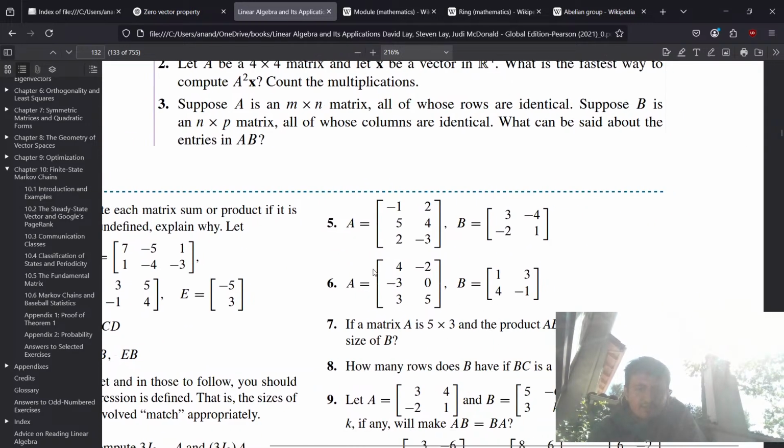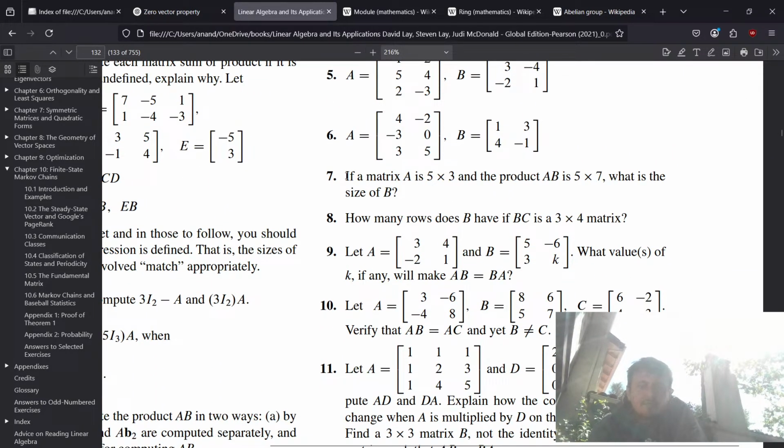I think we could skip those two. If a matrix A is 5 by 3 and the product is 5 by 7, then B is going to be the size 3 by 7.